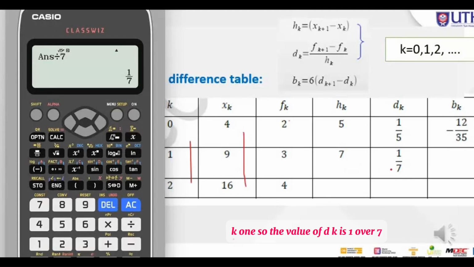The value of d_k is 1 over 7, so 1 over 7, and then minus d_0. d_0 means k = 0, the d value is 1 over 5. Okay, so we will get negative 2 over 35, times 6. So now we will have negative 12 divided by 35. So this is how you can find f_k, h_k, d_k, and b_k.